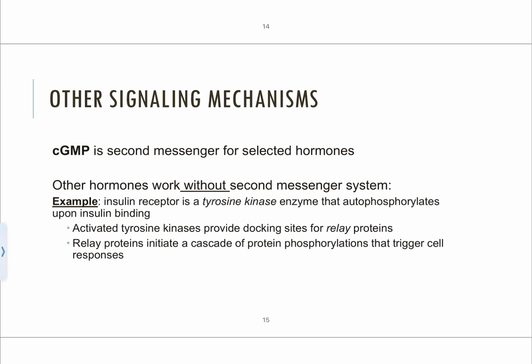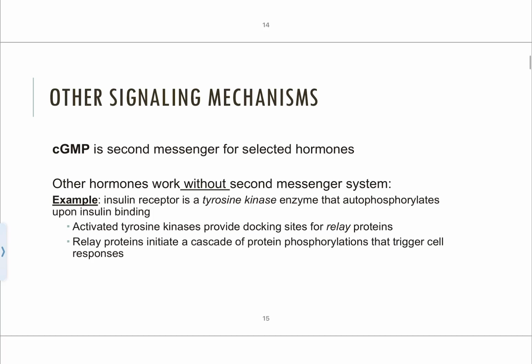Because insulin is binding to an enzyme that's capable of phosphorylation, it doesn't need a second messenger. It phosphorylates its own tyrosines when insulin comes in and binds. So the activated tyrosine kinases provide docking sites for relay proteins, and these relay proteins are responsible for initiating that cascade of phosphorylation that's going to ultimately trigger cellular responses.